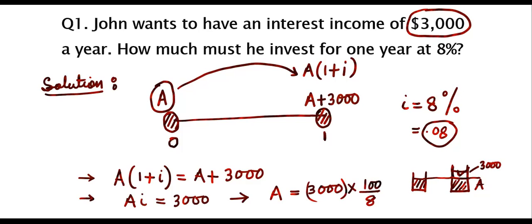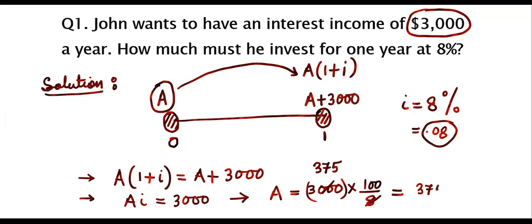Then you can cancel the amount. You can use a calculator and then you will get the final amount. If you cancel this, it will be 3, then 7, then 5, 3, 7, 5, 0, 0.